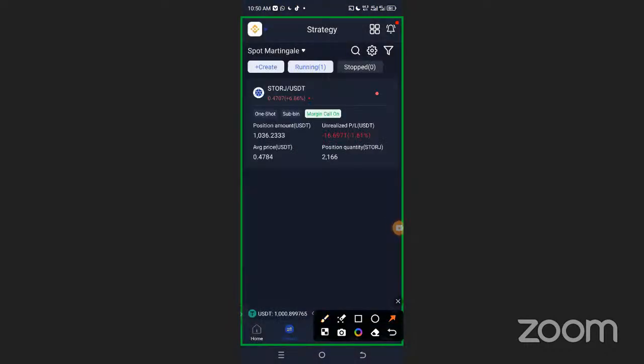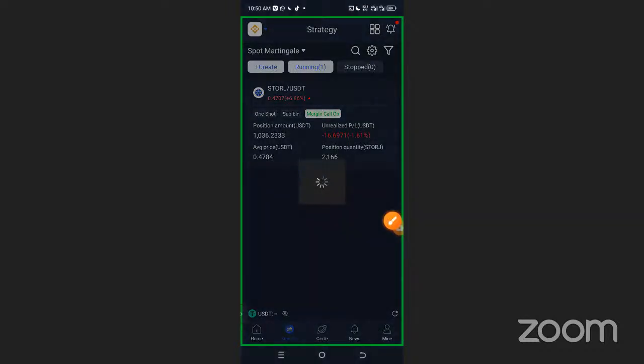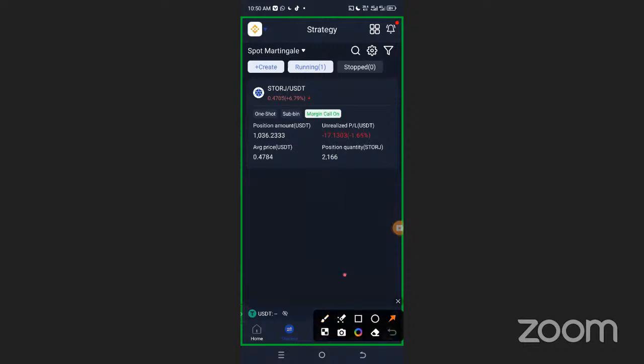Do I have that many coins you are trading? I am trading one coin at a time, and I am trading under sub-bin mode.